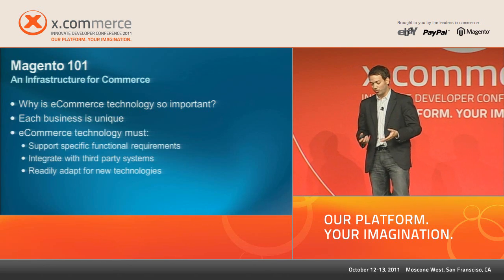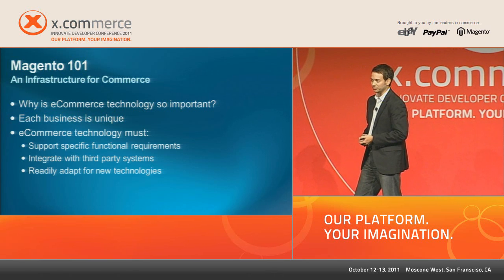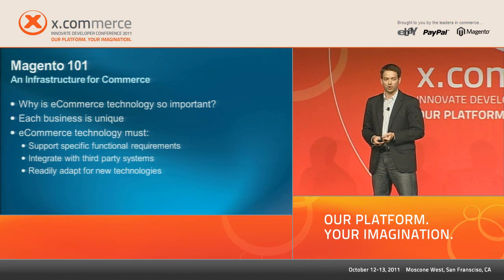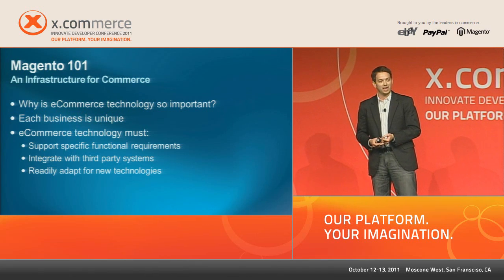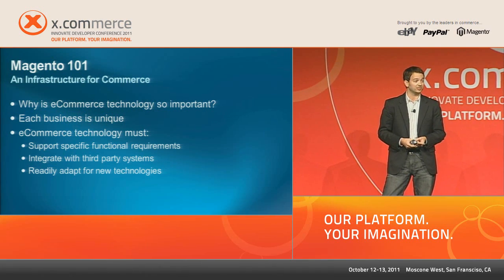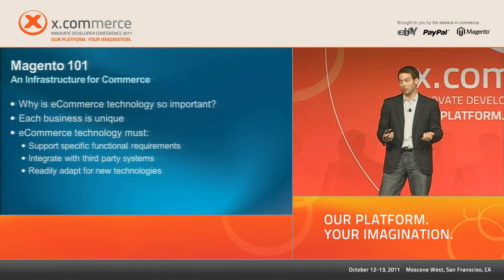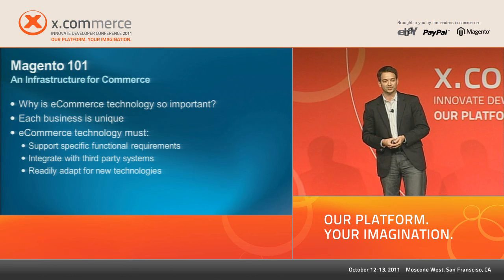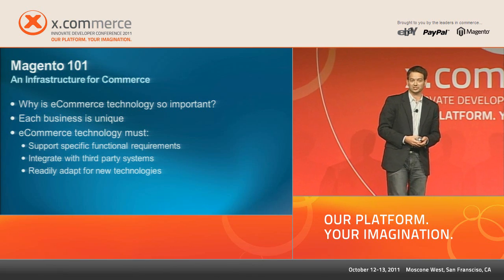So there are a couple of core things that an e-commerce solution must do in order to be successful. One, it has to support specific functional requirements. Every client we work with, again, has different needs, different requirements, different areas that the platform needs to support. Secondly, it needs to integrate with third-party systems. This is a must-have.